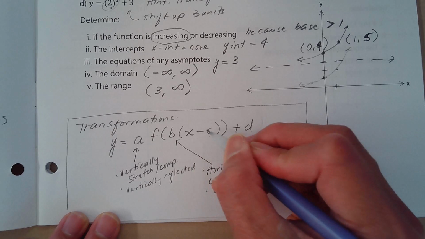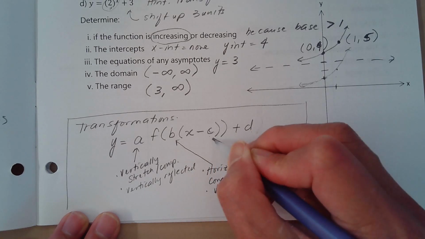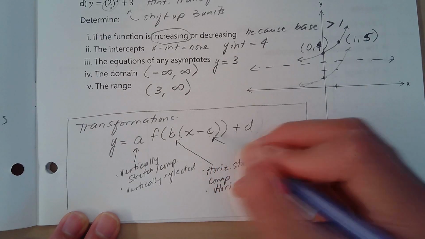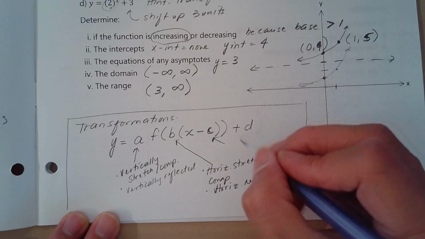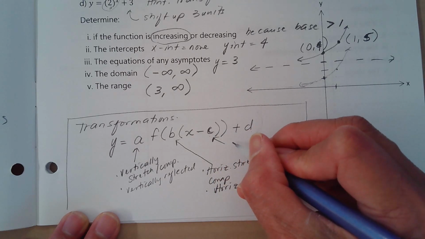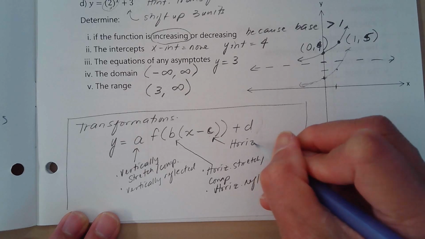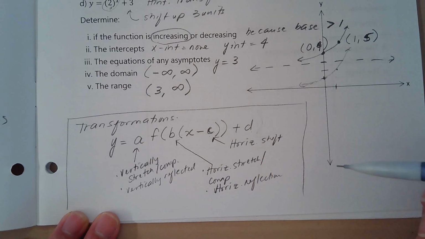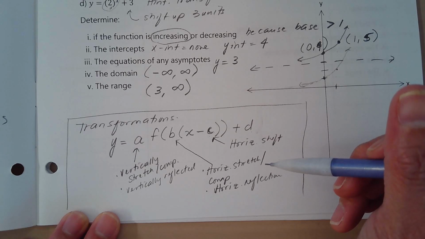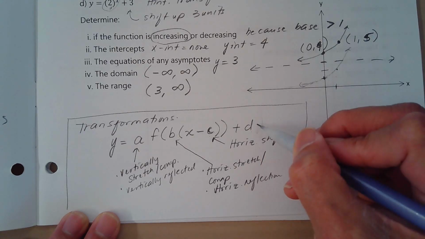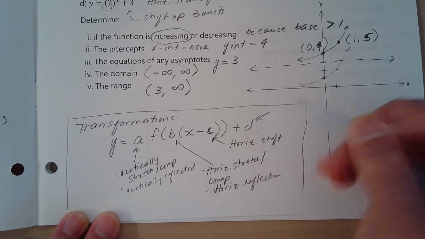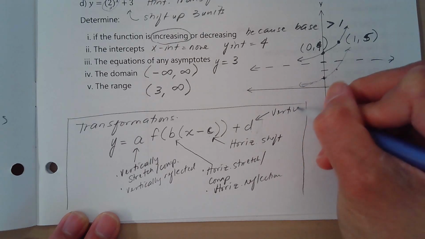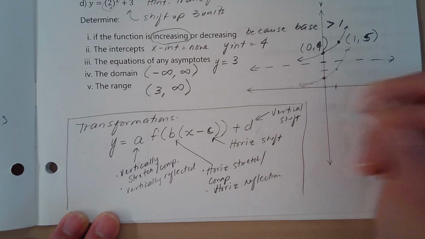This is always x minus c, and that's going to be the horizontal shift. You're either shifting to the right or to the left. And then d, that's our vertical shift, up or down.